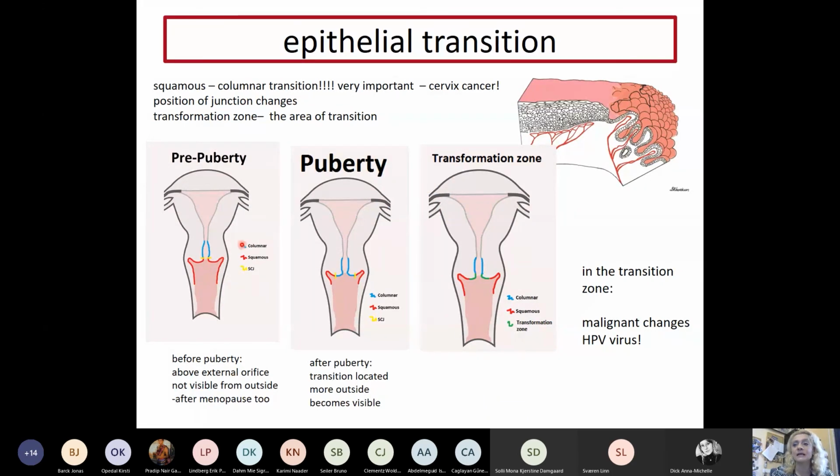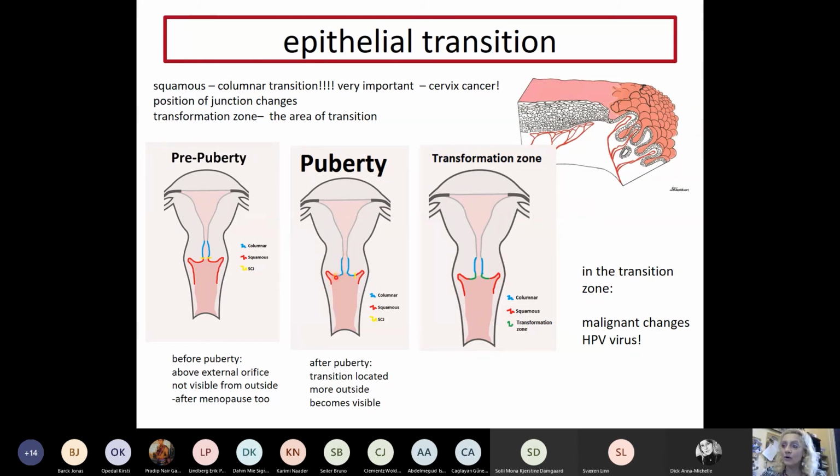You can see here, this is before puberty. The junction is where you would logically put it, at the os, at the external orifice. The red part shows the squamous, and the blue is the columnar. So it's at the external orifice. But after puberty, during the cyclic changes, this exact line is changing.